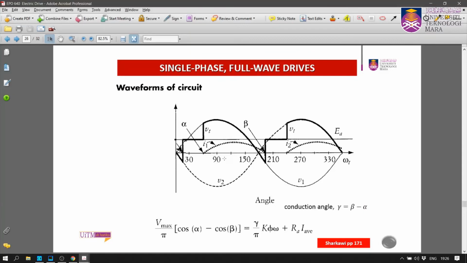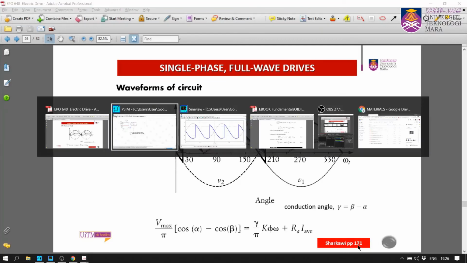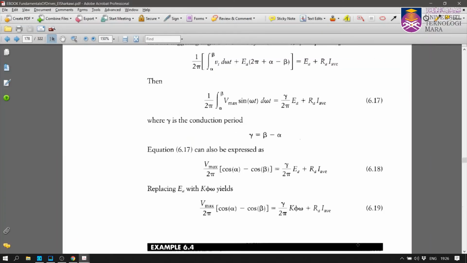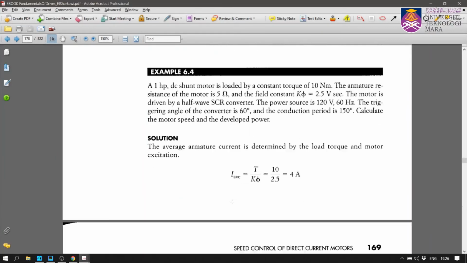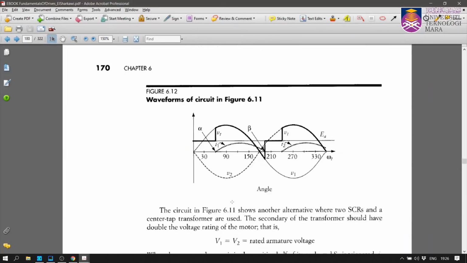And this is the waveform. You can look into Sharkawi page 171. Here I made some correction in Sharkawi's book. Here it starts with 0. Normally when you want to present the graph or waveform, we need to consider the steady state operation.